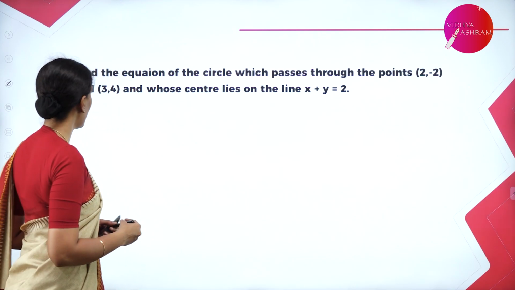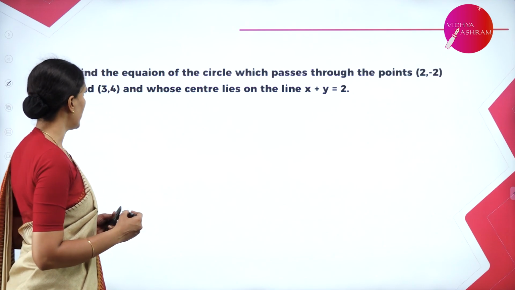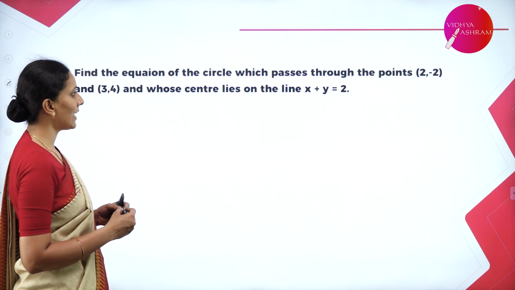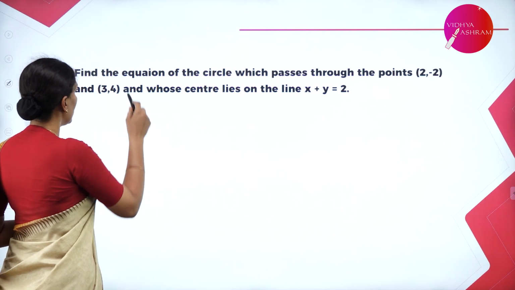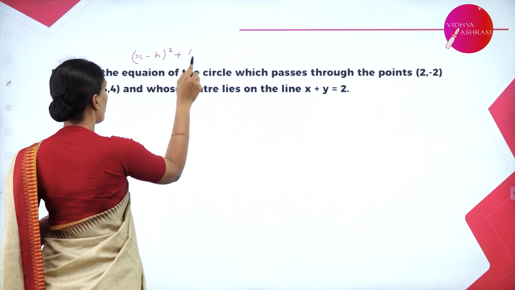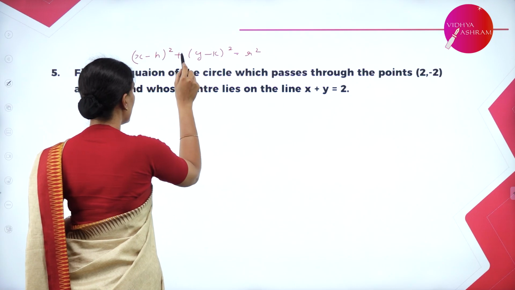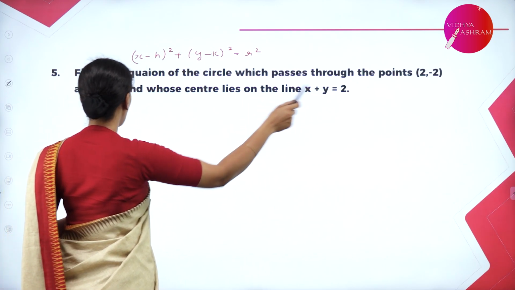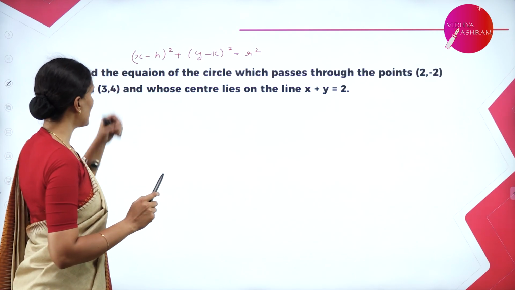So next question we have: find the equation of the circle which passes through the points 2 comma minus 2 and 3 comma 4 and whose center lies on the line x plus y is equal to 2. Now here the general equation of the circle is given by (x minus h) whole square plus (y minus k) whole square is equal to r square. Since this circle is passing through 2 comma minus 2 and 3 comma 4, we can substitute the values of x and y as a solution here.